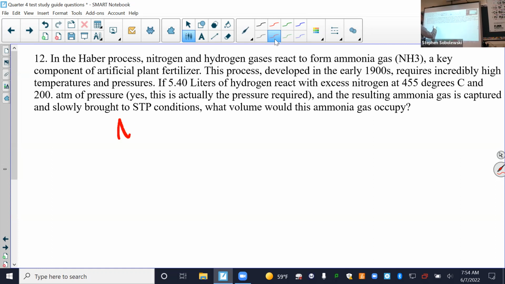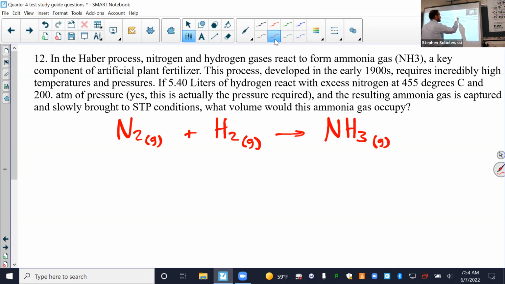So nitrogen gas reacts with hydrogen gas to produce ammonia, NH3, a gas. Balance it with a 2 there and 3 there. Oh, 1, 3, 2. Okay, what does it give us?